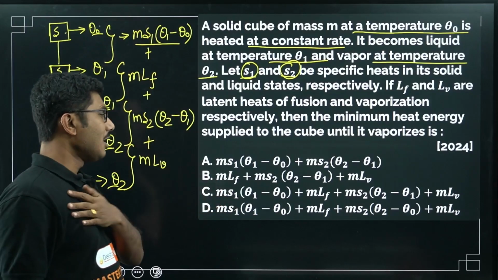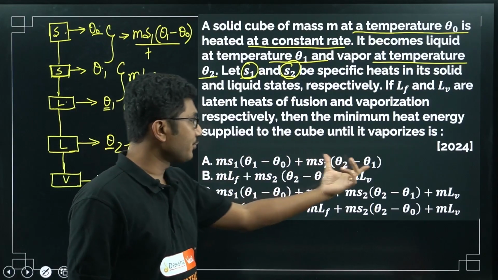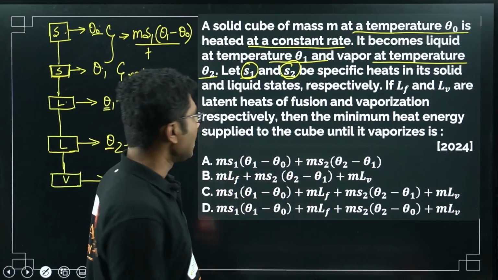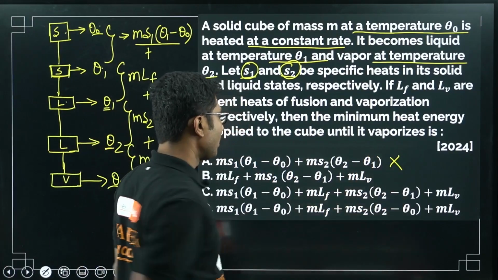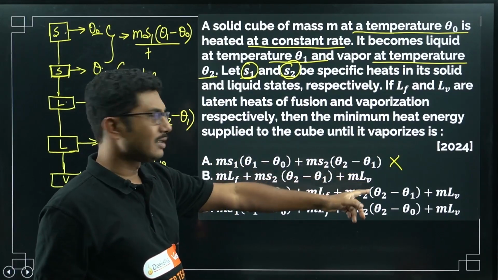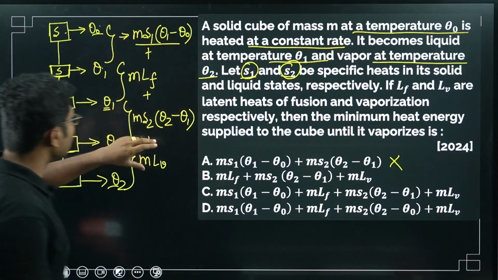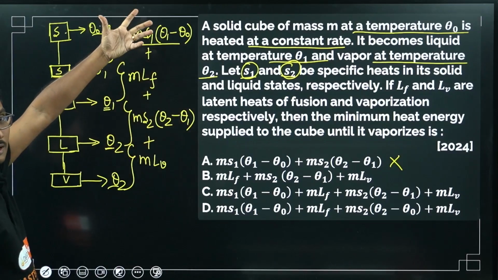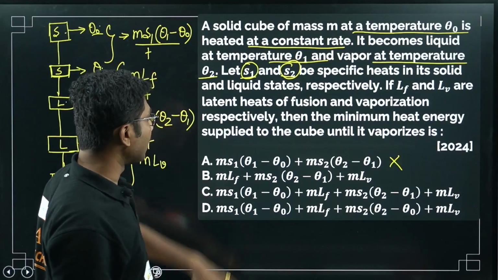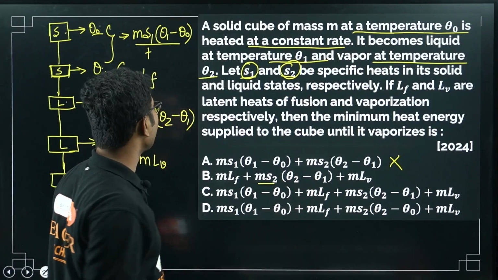Now let's check the options. Obviously in option 1, we see that m L F and m L V are not there, so this is not the correct option. In this case we can see that m L F and m L V are included, but the solid state and liquid state heating are not both included. Only the liquid state is included.